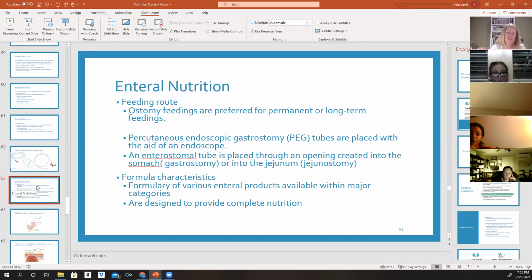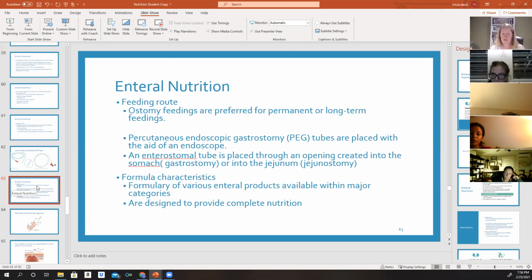So the feeding route: ostomy feedings are preferred for permanent or long-term feedings. So that means that they're going to have that G tube or that J tube in their abdomen. A PEG tube is placed, we call it a percutaneous endoscopic gastrostomy. Again, not a word that you would say over and over in the nursing world.